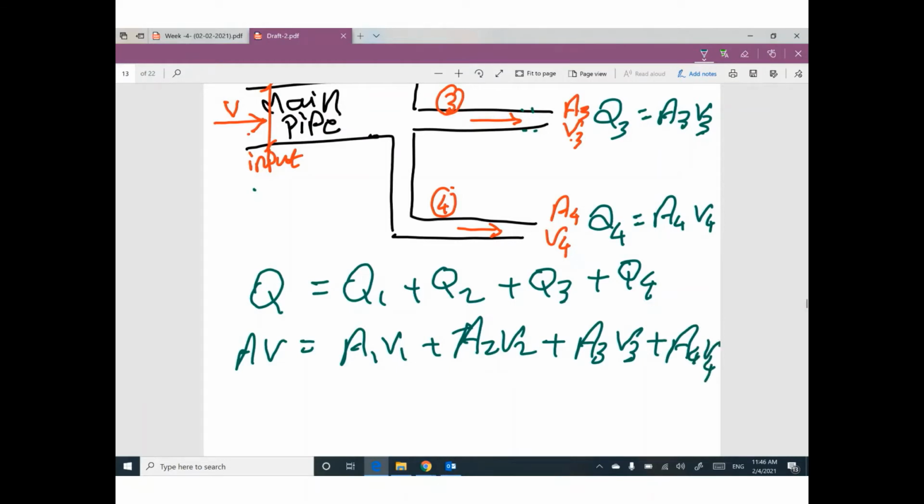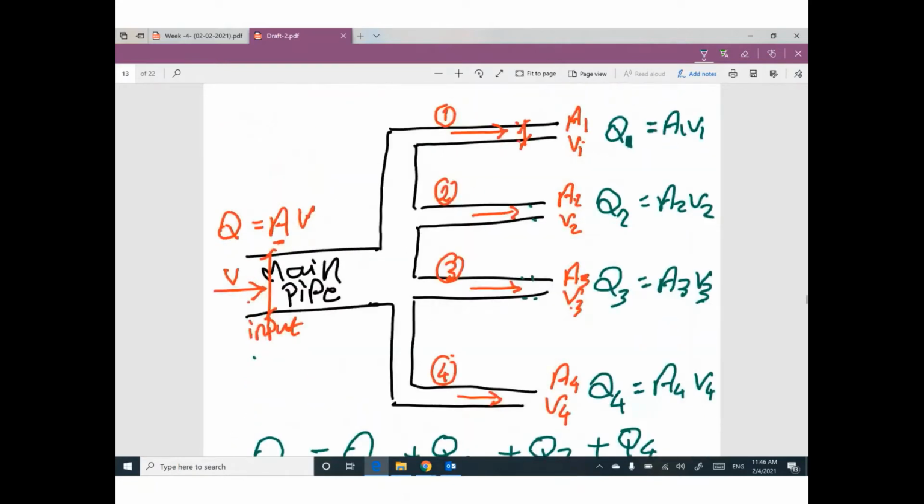Does that make sense? Keep it in your mind. The input from this side must equal the output from all of these sides. So the discharge at the main pipe equals discharge number 1 plus number 2 plus number 3 plus number 4, and if you have many, plus all of these branches.